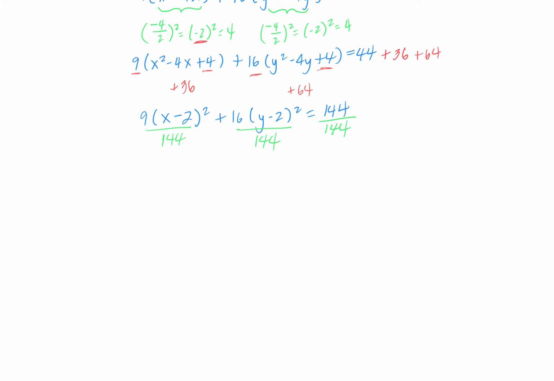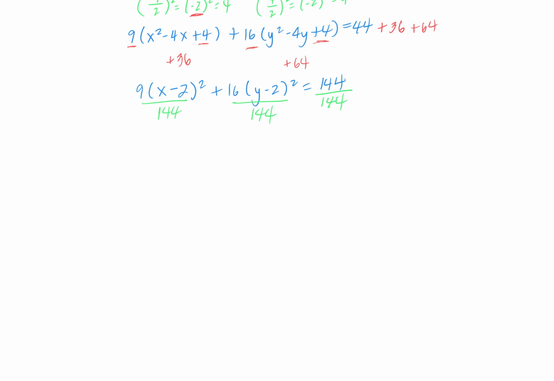So the 9 over 144, let's see, 9 goes into 144 16 times. So this is going to be x minus 2 squared over 16, plus 16 goes into 144 9 times, equal to 1. That is a standard form of an ellipse.